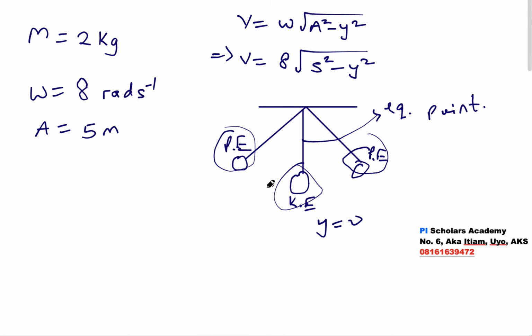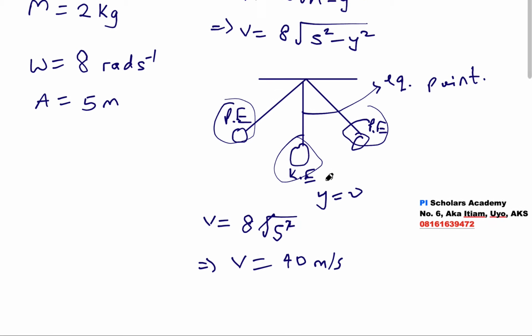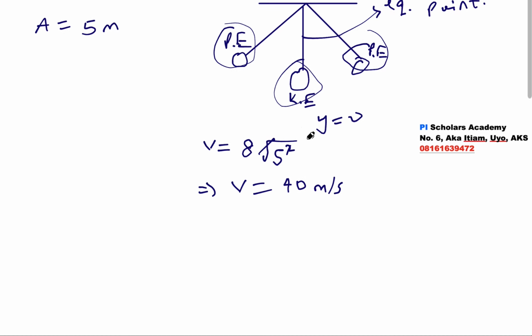So if I put that in this equation, v equals 8 multiplied by square root of 5 squared minus 0 squared. Of course, you know that will go. That implies that v is going to be 8 times 5, which is 40 meters per second. So the total energy in the system can be calculated using the kinetic energy when there is no displacement at all.